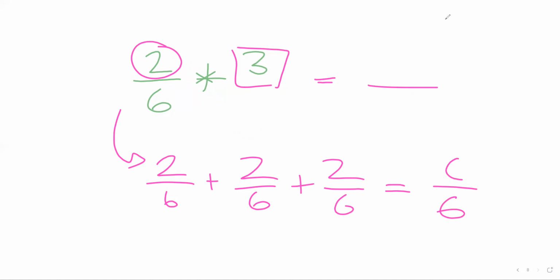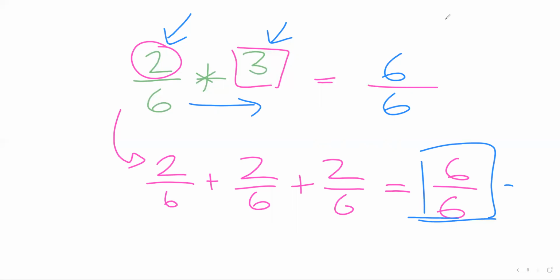Look at that, I'm going to end up with 1. But I can also think about that as multiplication. I can multiply my numerator by the number, my denominator stays the same, and then always ask the question, can we convert? This is 6 out of 6, which is the same thing as 1. So 2/6 times 3 equals 1.